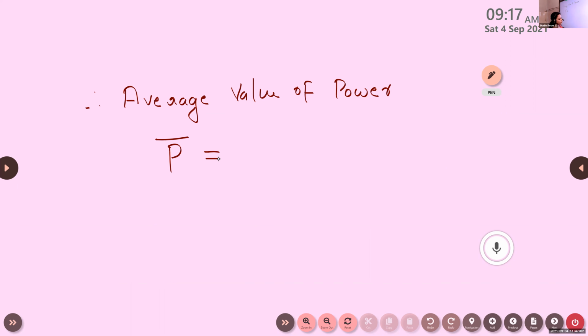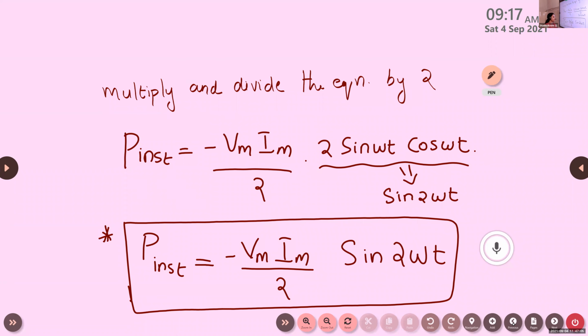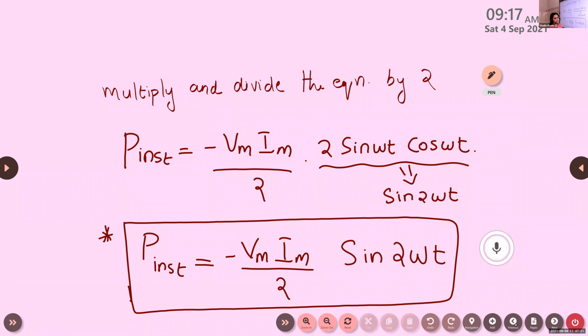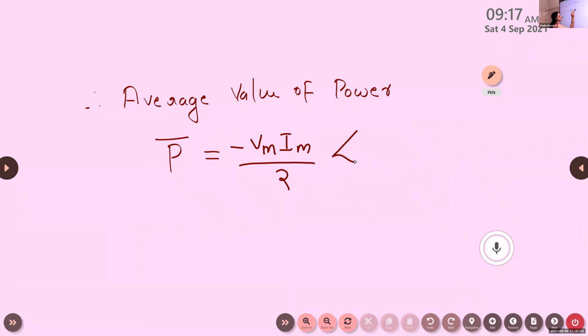From the above equation, P bar is equal to minus Vm Im divided by 2, and we need to take the average of this sine function, that is the average of sine 2 omega t.